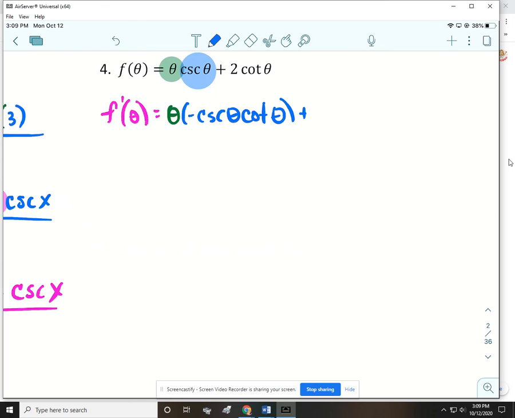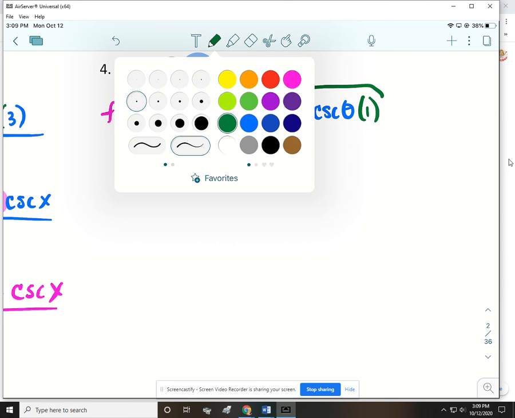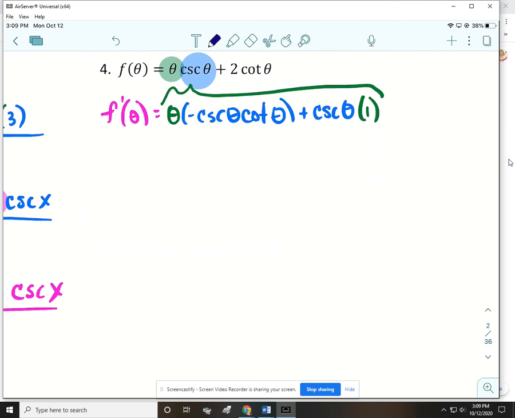All right, and then plus, leave the second one alone, multiply by the derivative of the first. So the derivative of theta is just 1. All right, so that's just that part. For the second part, we don't have to do the product rule because we're multiplying by a constant. So it's going to be minus because it's a co, cosecant squared of theta. All right, and then we'll clean it up a little bit.